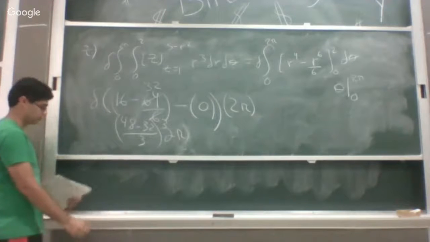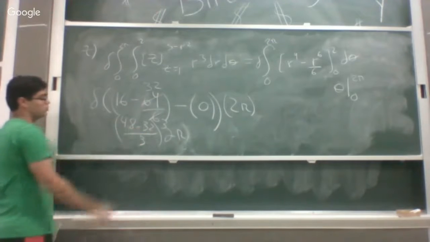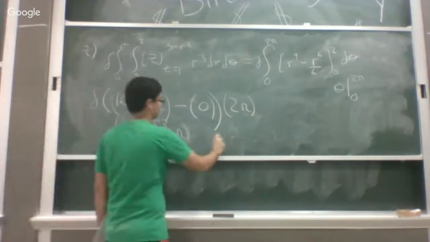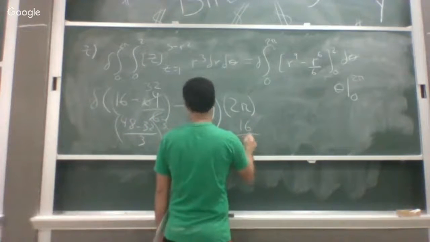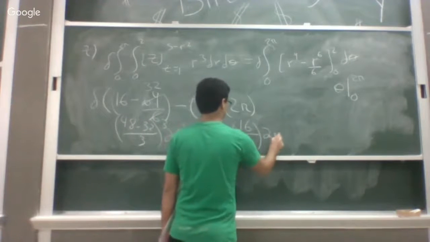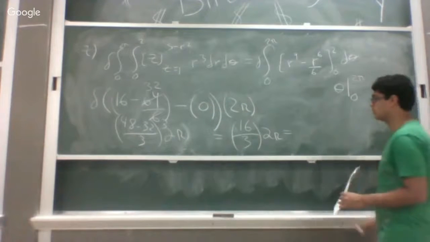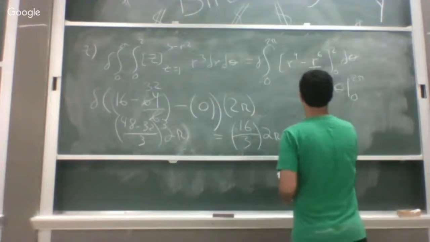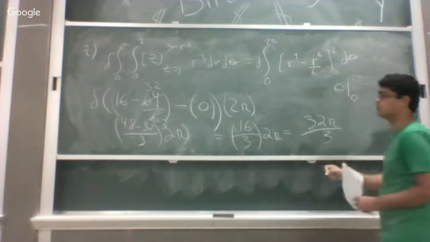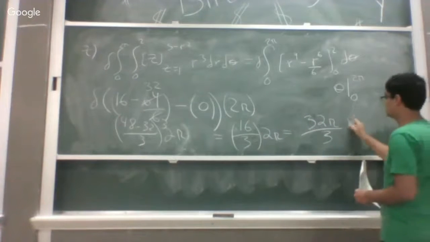What's 48 minus 32? 16. So 16 over 3 times 2 pi, and that would be 32 pi over 3. And then we still need to multiply by density.